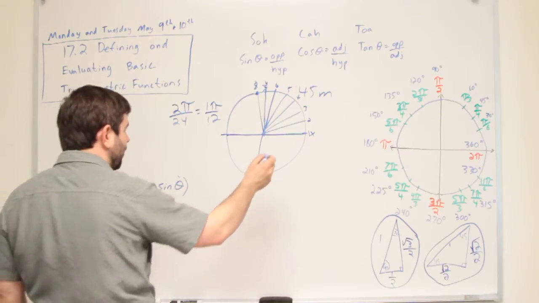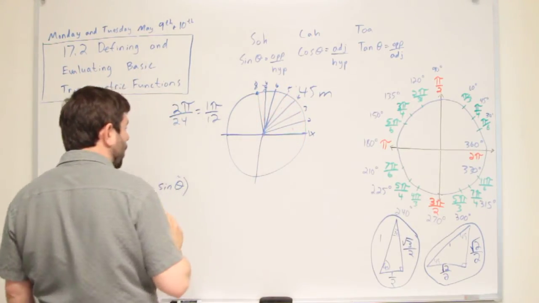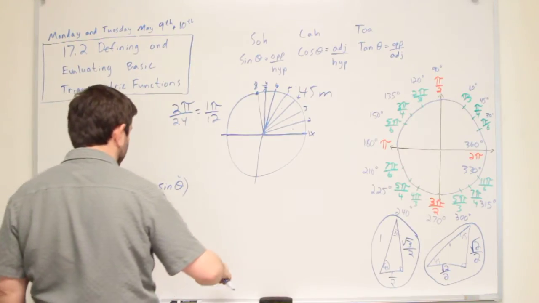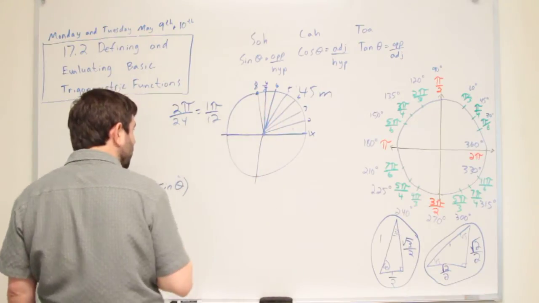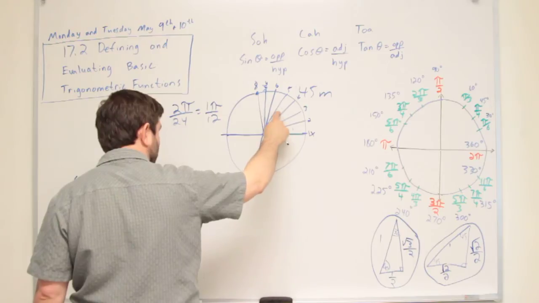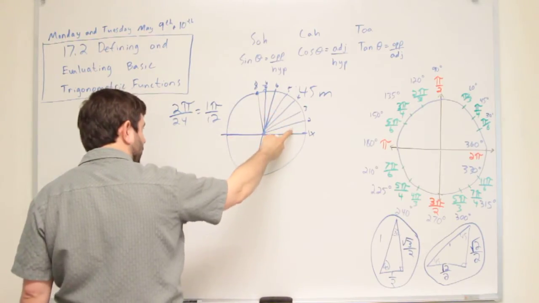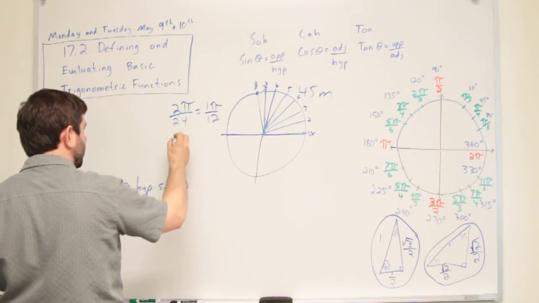Well, if each of these spaces means we go up by pi over 12, and we're going up 1, 2, 3, 4, 5, 6, 7. It's kind of strange, it's the 8th seat, but we're finding the 7th angle, adding up all those angles. There's only 7 of them. 7 pi over 12.